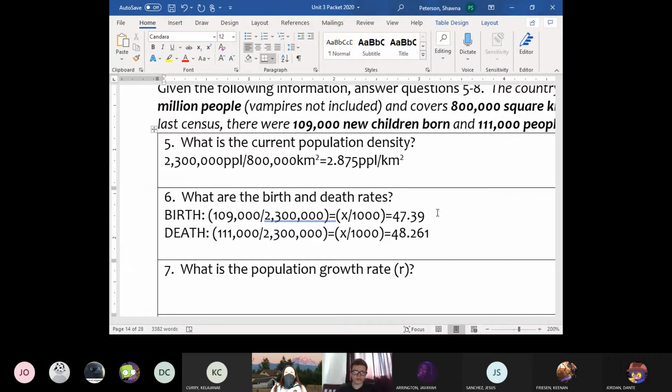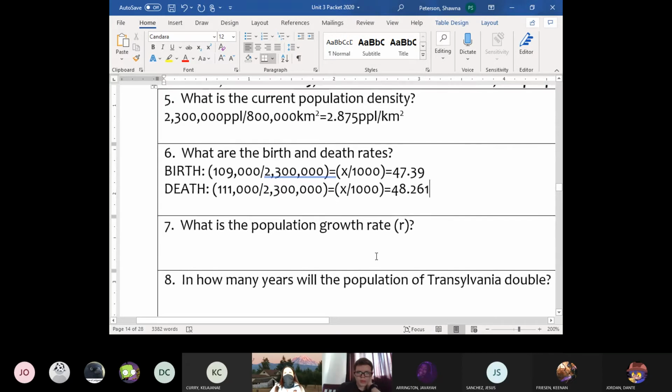Jesus got in the chat 48.26. That is correct. So now that we have our crude birth rates and our crude death rates, we can now figure out our growth rate for the population.